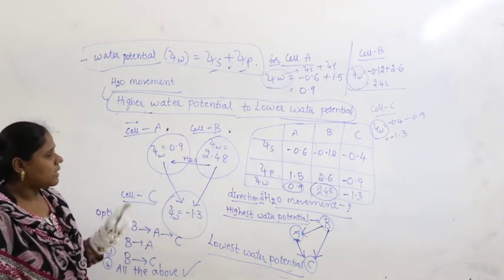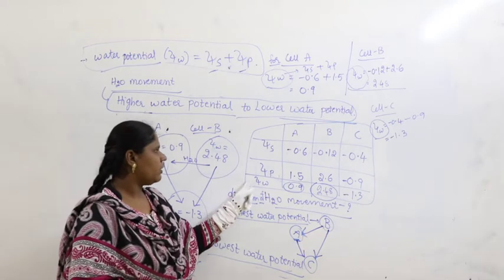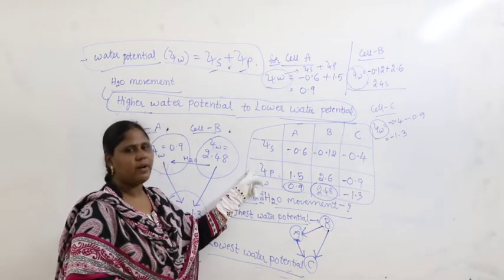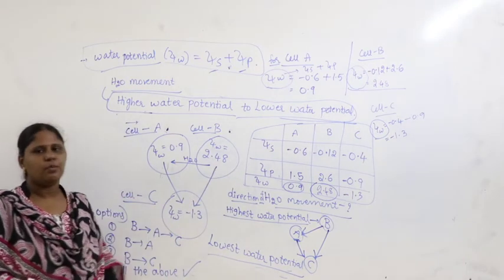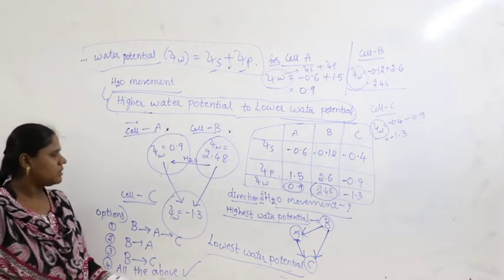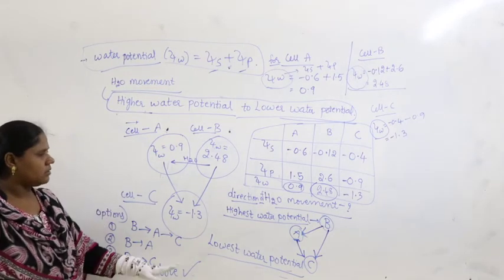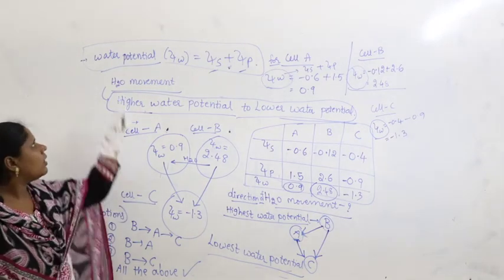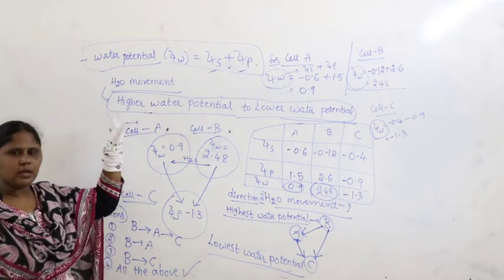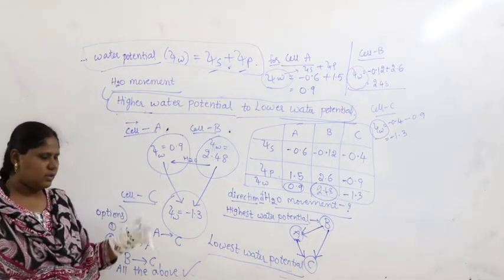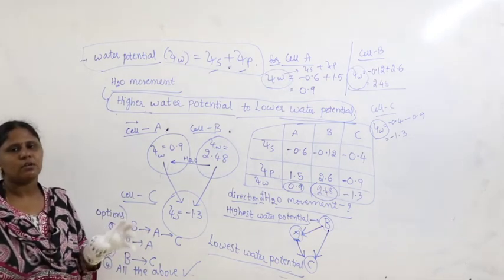But sometimes in a numerical question, the water potential value will be given, the pressure potential value will be given, and they'll ask you to find the solute potential. Don't worry guys, we'll solve some numerical problems. I'll give you numerical problems on water potential in the coming classes. Okay guys, I hope it's clear.